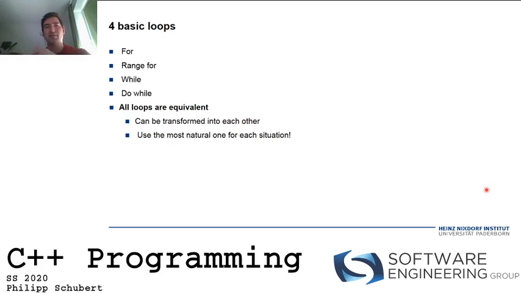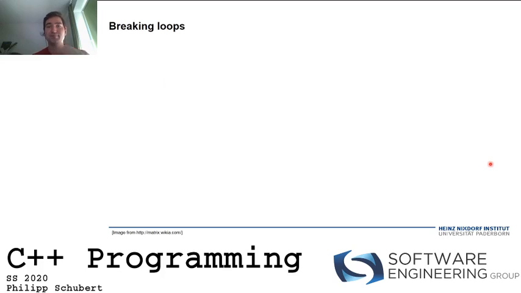So if you need to iterate all elements of a container, you probably wish to use a range for loop. If you need to do some, let's say, array indexing, it might make sense to have an ordinary for loop with a loop counter variable, and there might be some other situations where a while loop is more useful or suitable.